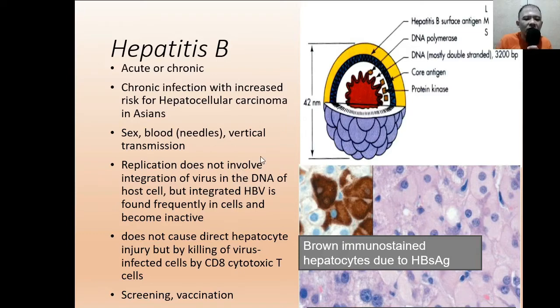However, when it's already in the cell, not in the nucleus, it inactivates the hepatocyte. It does not cause direct hepatocyte injury again, but through T-cell damage, just like hepatitis A. Solution is through routine screening and vaccination. So, you know the Hep B vaccine.